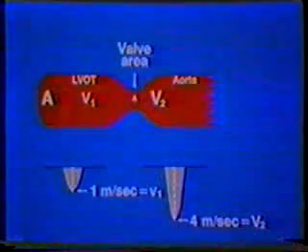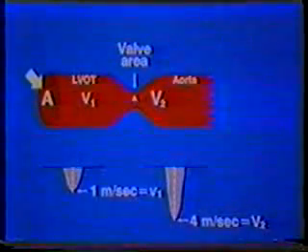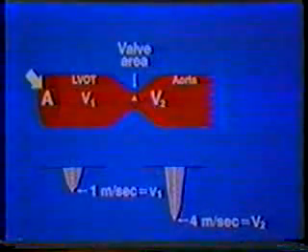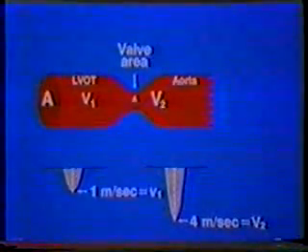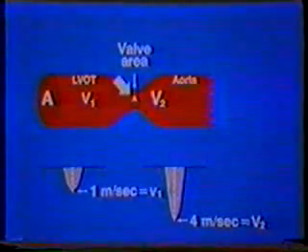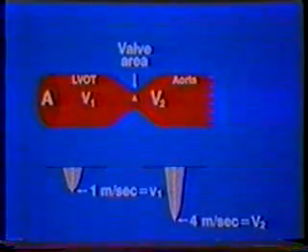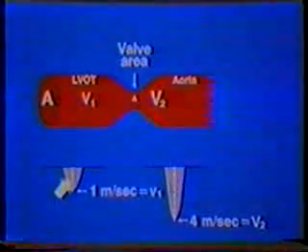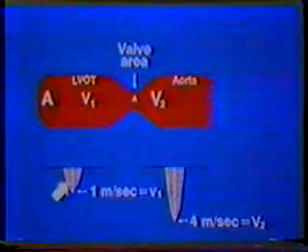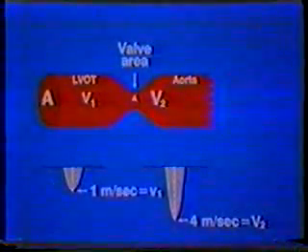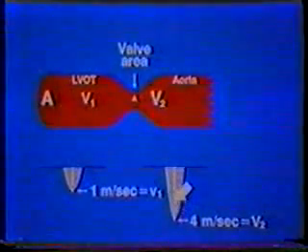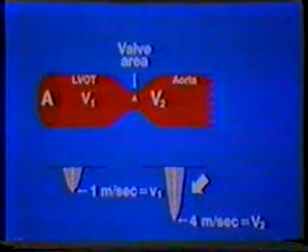In this schematic, the large A is the cross-sectional area of the left ventricular outflow tract, and the small a is the area of the stenotic aortic valve. The velocity and the time velocity integral in the left ventricular outflow tract are smaller than the velocity and TVI beyond the stenosis.